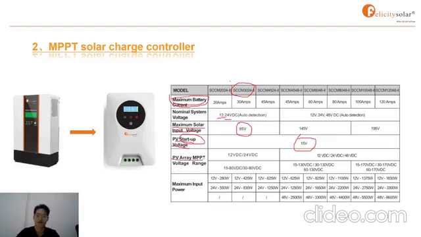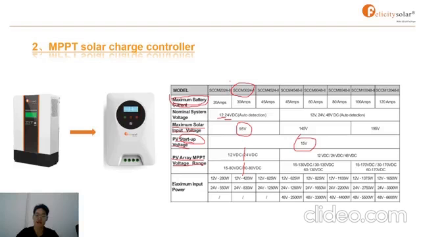And the PV array MPPT voltage range. There are two parts: the 12 voltage system and the 24 voltage system. For the 12 voltage DC system, the voltage of the PV is 15 to 80 voltage. In the 24 voltage battery system, the voltage of the MPPT of the solar will be 30 to 80.